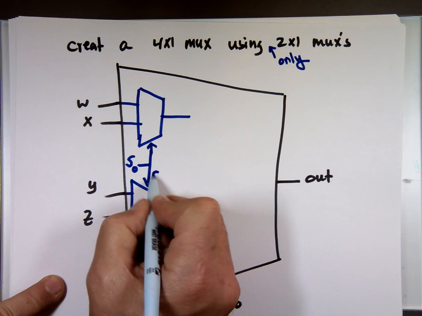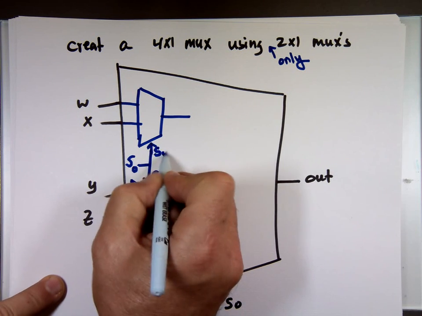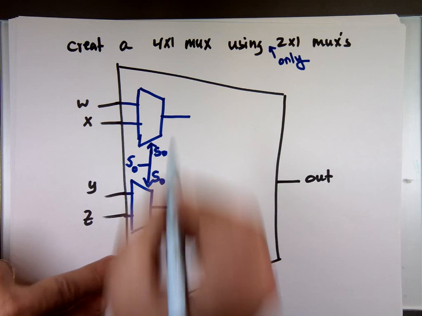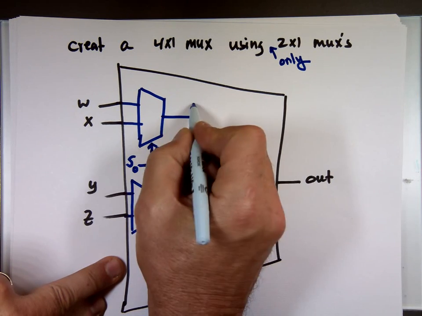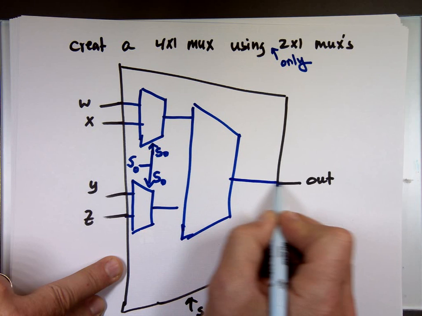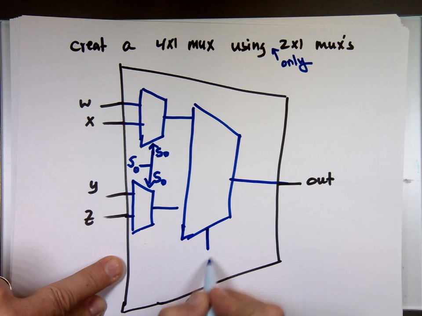Go into each one of them. Now, what about if I take another 2x1 mux and use S1 as my control signal? Would that do it?